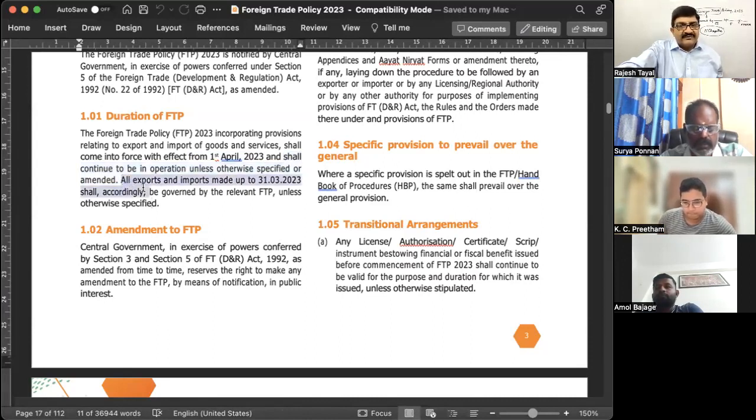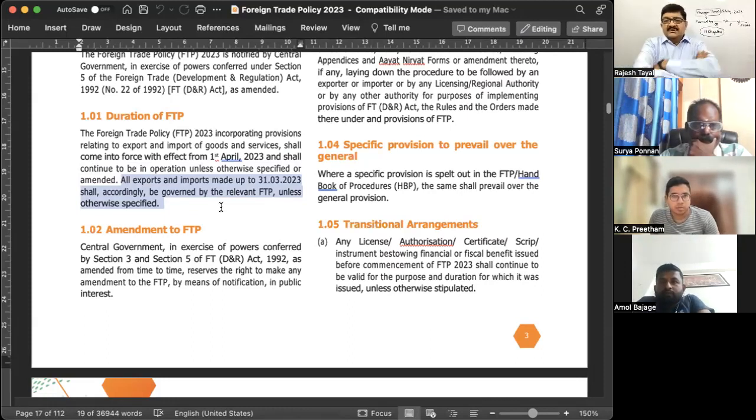Then, further, all exports and imports made up to 31st March 23 shall accordingly be governed by the relevant foreign trade policy unless otherwise specified. What is the meaning of this line? This policy is effective from 1st April. This line simply says it has no retrospective effect.